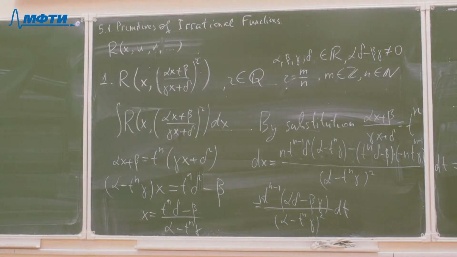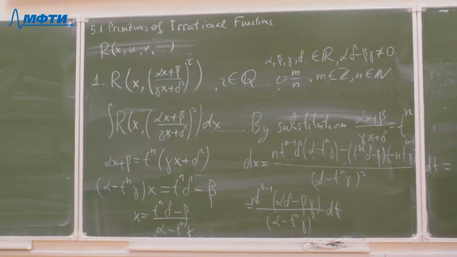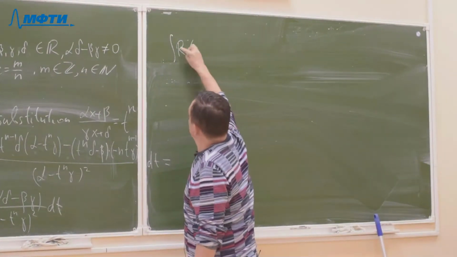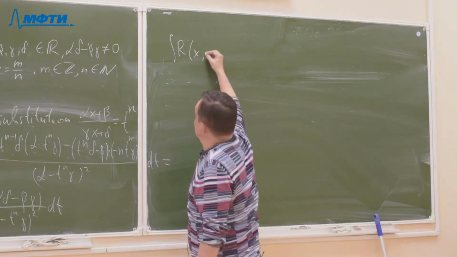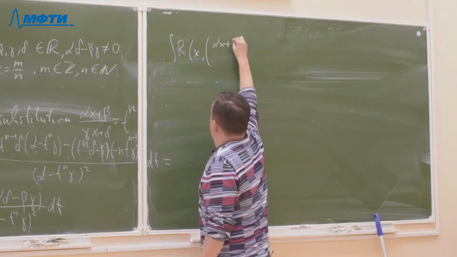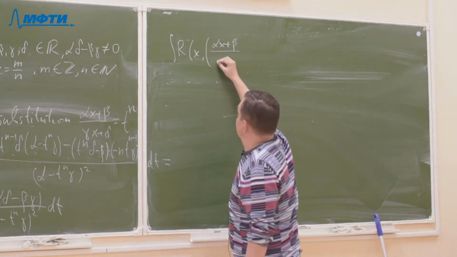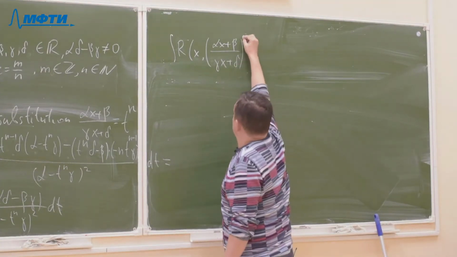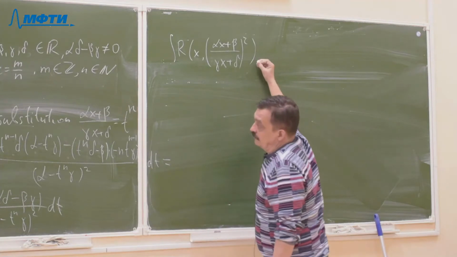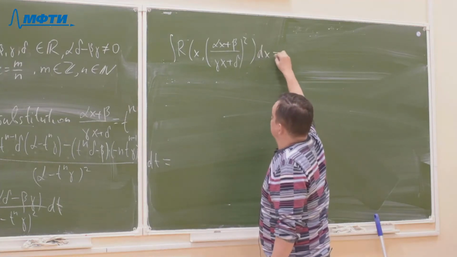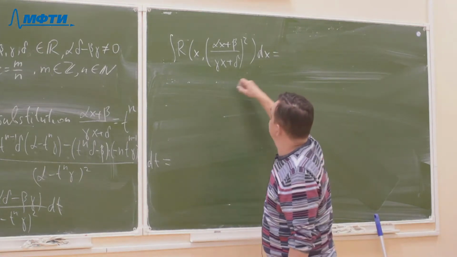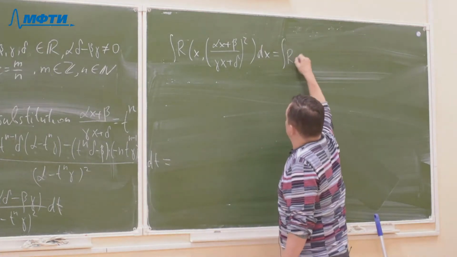Okay, so now everything is ready to make a substitution. Let us substitute what we have. R of x, (alpha x plus beta over gamma x plus delta) to the power r, dx equals, so look what we'll obtain.